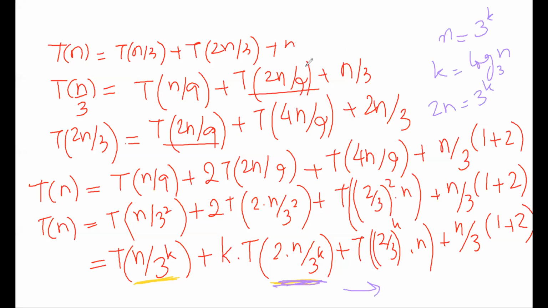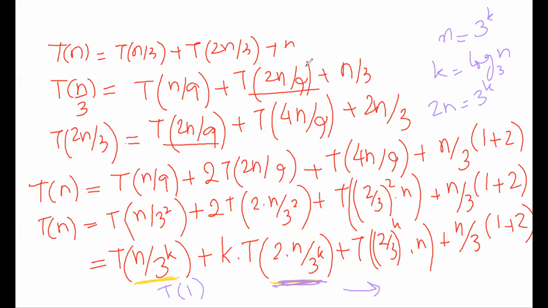So basically, if n is equal to 3^k, you will get T(1) here.